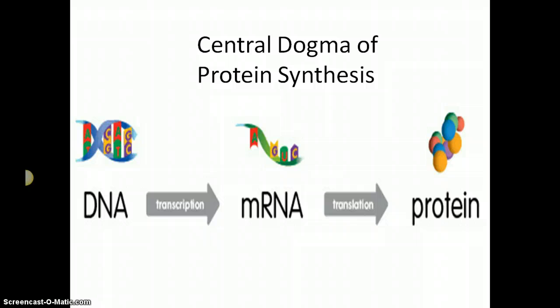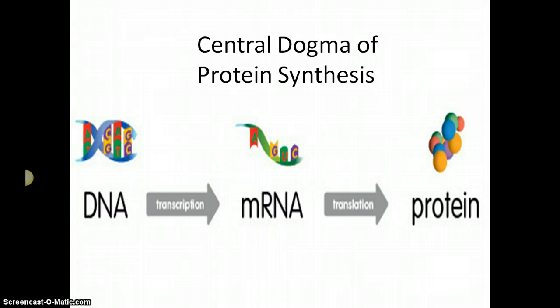Now, before we get started, I want to make sure that you have this one thing in your notes, and that is the central dogma, that's the belief, this understanding of protein synthesis. And this is what we understand most about the way our body operates. We know that all of the coding, all of the information is coded in our DNA.